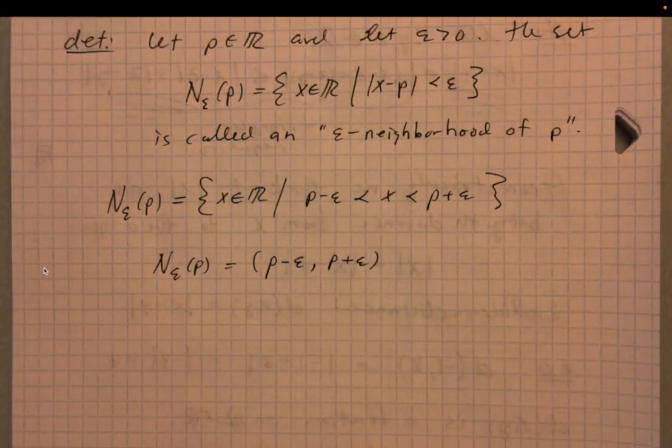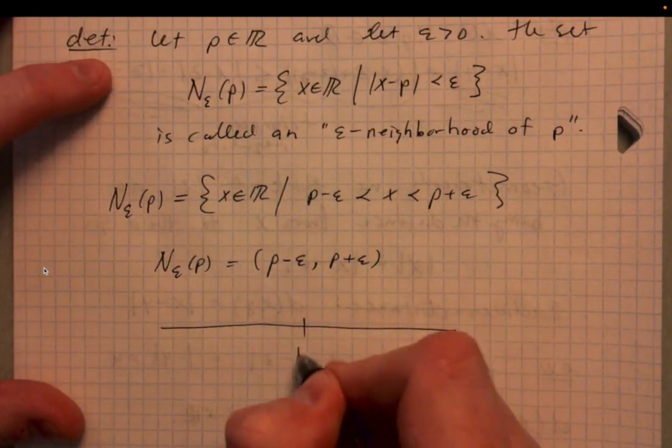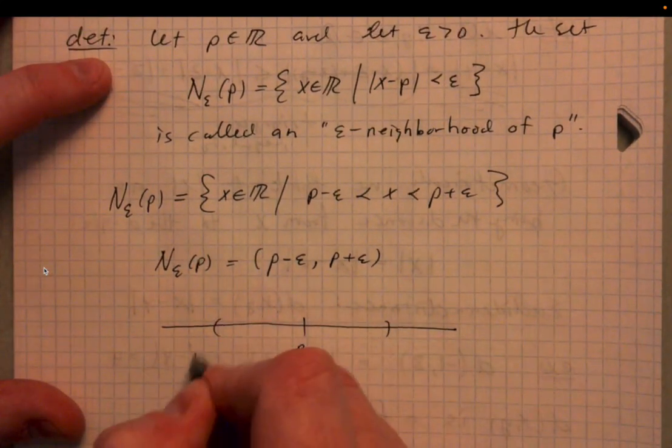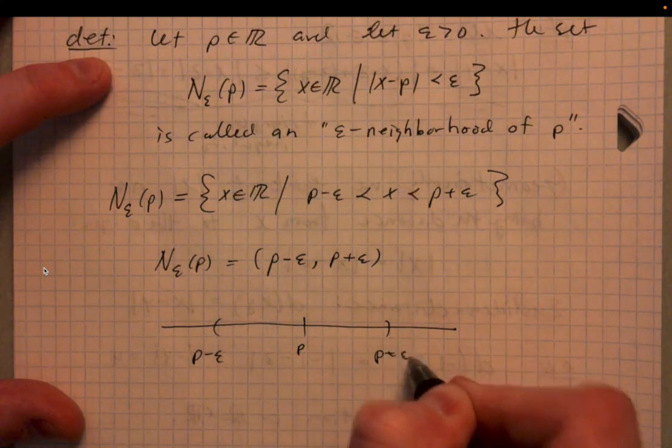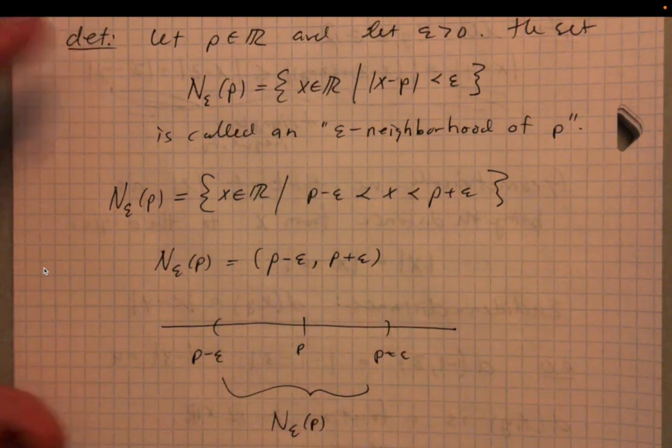It's an interval centered at P with a radius of epsilon. You can think of it on a number line: you've got your P, and up here and down here you've got P minus epsilon and P plus epsilon. And this whole thing is the epsilon neighborhood of P.